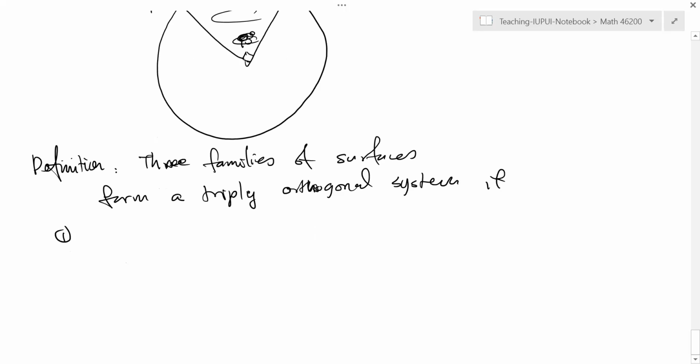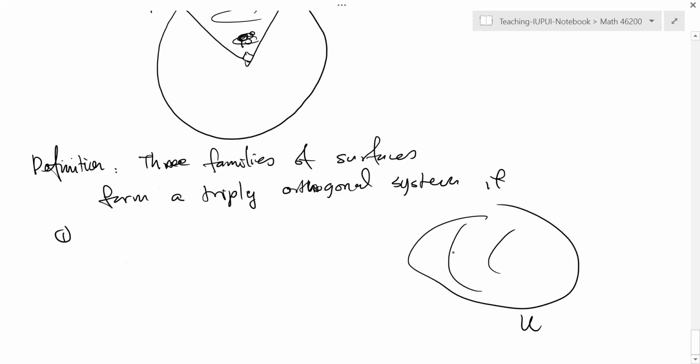So that means we have an open domain here. That's U. Each surface in this family passes through each point in U, okay? So that means given every point, there is only one surface passing through this point. So how can I say that?